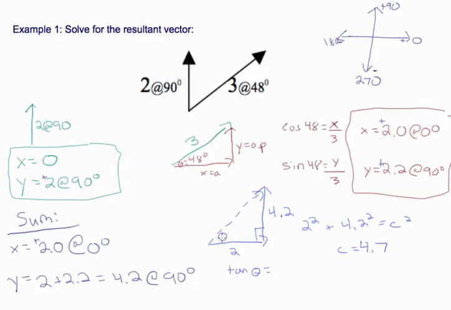So our tangent of theta is equal to 2.1, and our theta is equal to 65 degrees. And if we think about unit circle, 0, 90, 180, and 270, we want this angle, which we're already given. So we can say our resultant vector is 4.7 at 65 degrees.